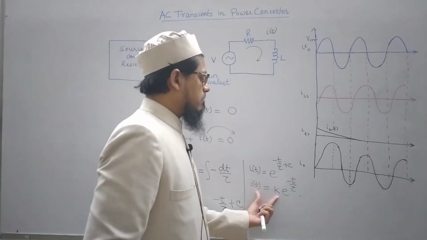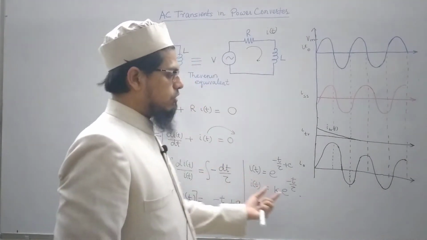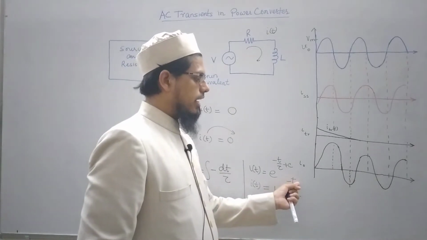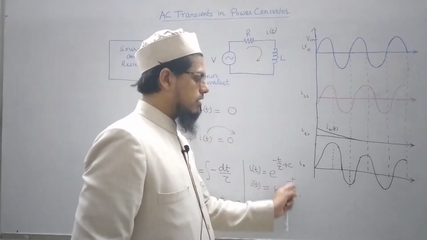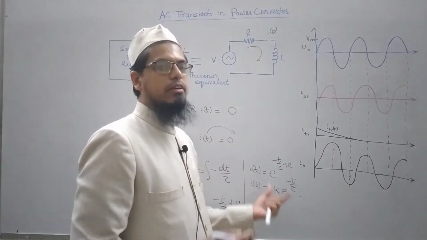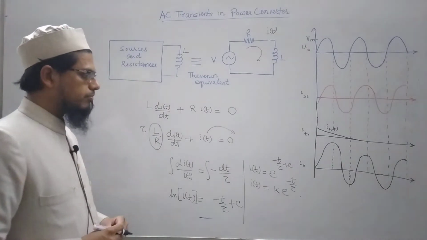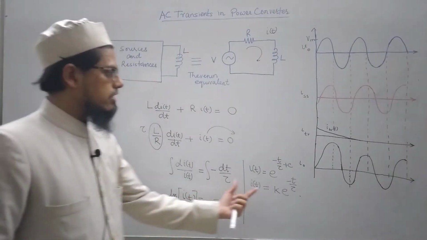This is the transient part of the solution of this equation, and we can easily say that as time passes, this term reduces to 0, and it reduces exponentially. Okay, so this is the transient part.